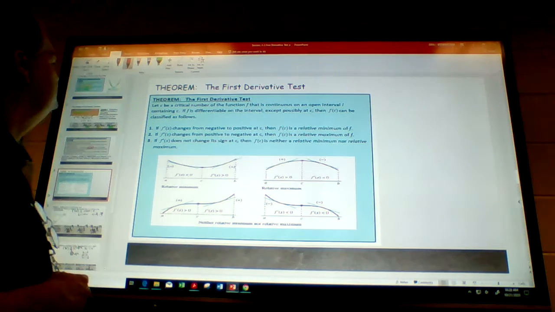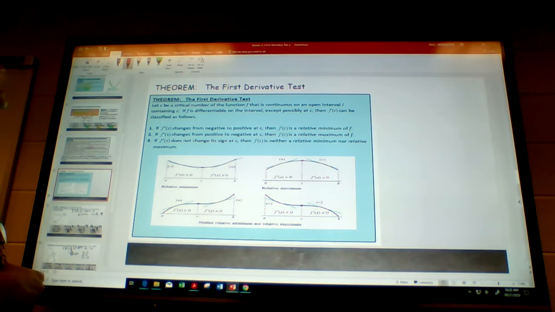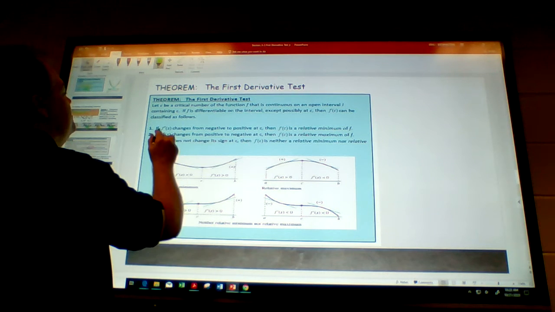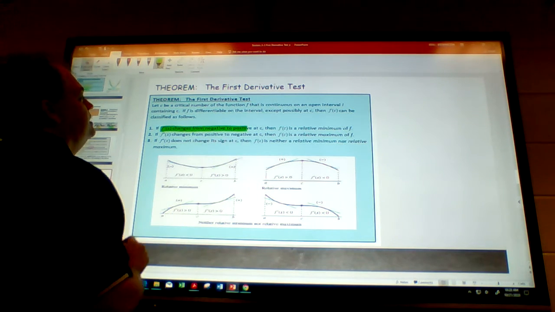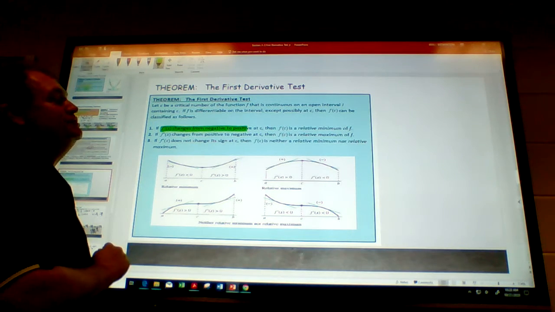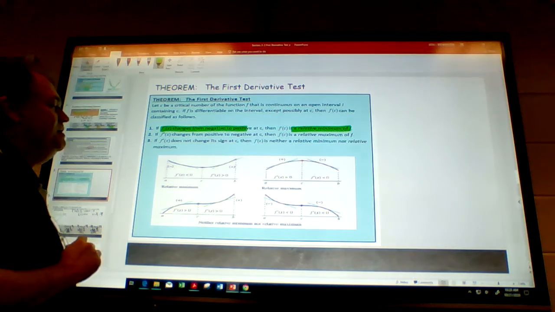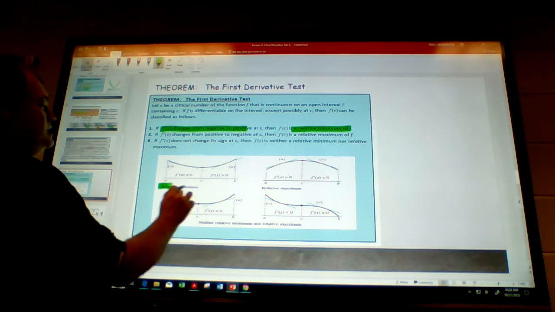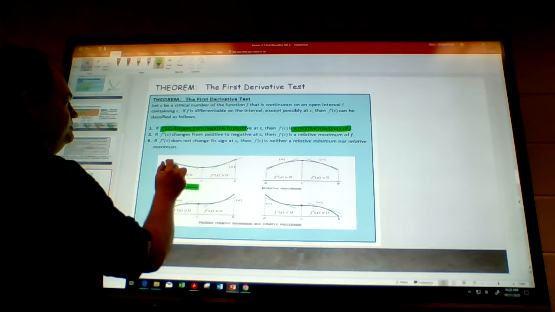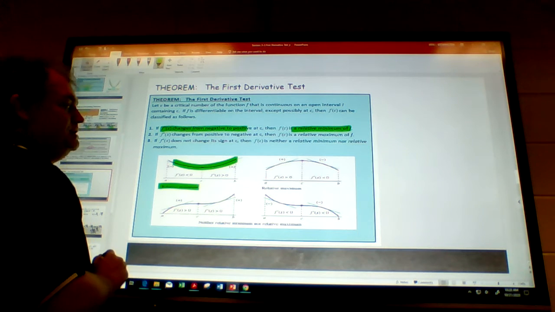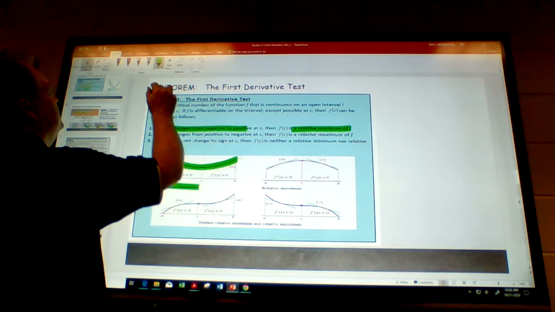So, here's what you need to know. If f prime changes from negative to positive at a particular critical number, then that is a relative minimum. So right here is an example of a relative minimum. It goes from decreasing to increasing at that critical number.